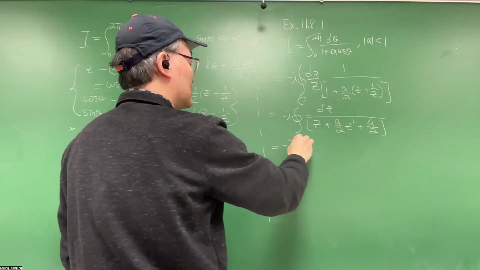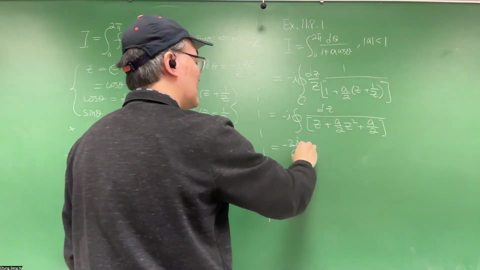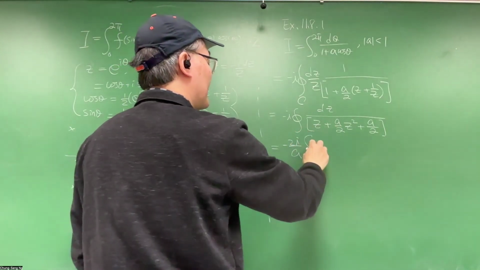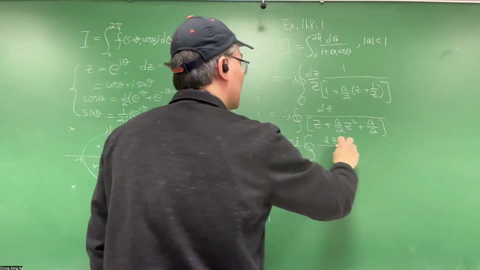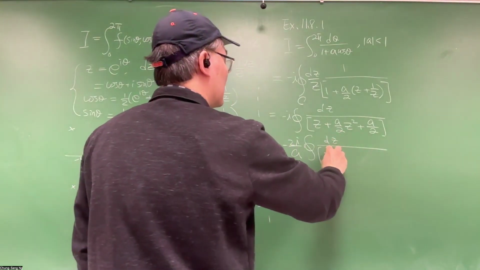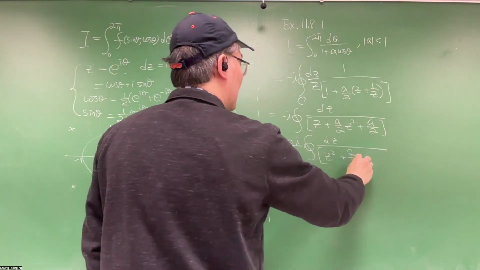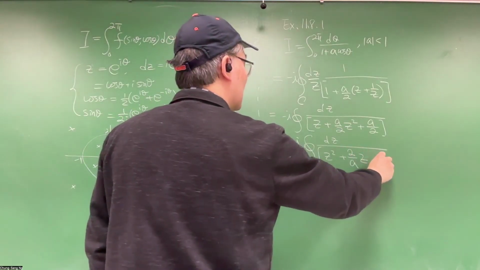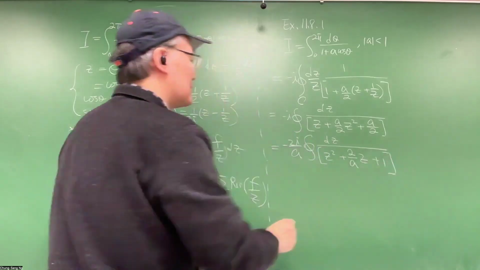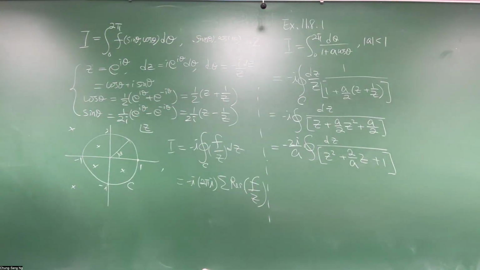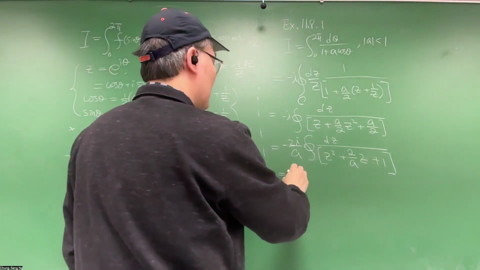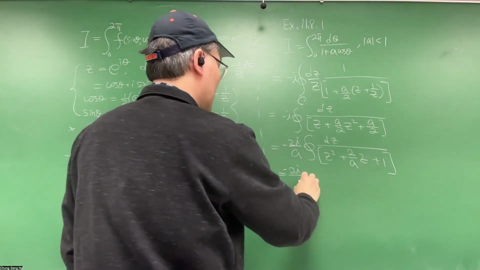Then it becomes z squared plus 2 over a z plus 1, right?